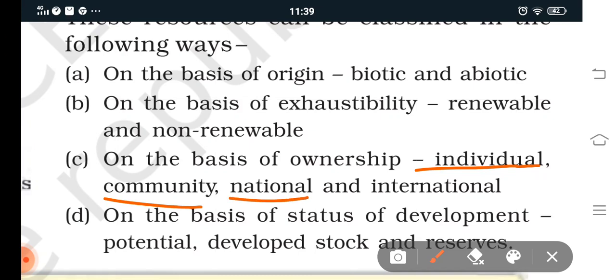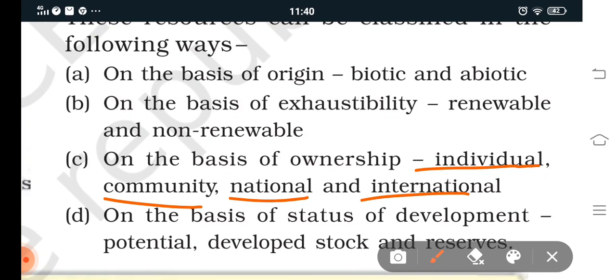Then national, owned by the nation, such as the water resources, the forest, the wildlife, the land within the political boundaries. All these are owned by the nation. And international resources are those where no country owns the resources.